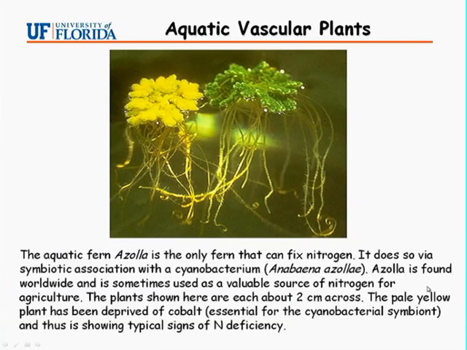Here's another floating plant, which is actually a water fern called azolla. And these are not uncommon. They have a fuzzy, furry-looking presence above the waterline. And it can actually fix nitrogen. Oftentimes, a species of Anabaena can be associated symbiotically with the azolla.